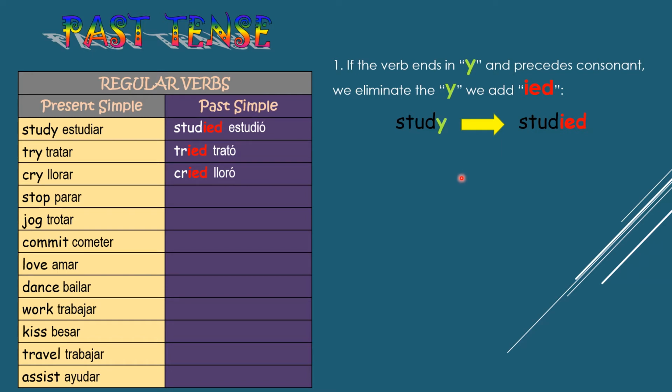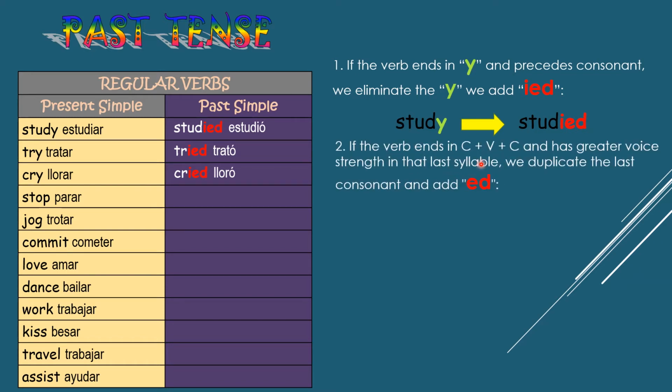Aquí está el caso. Second case. If the verb ends in consonant plus vowel plus consonant and has the stress in that last syllable, we duplicate the last consonant and add ed. Example, stop, notice, consonant, vowel, consonant. In past form, say double final consonant plus ed.